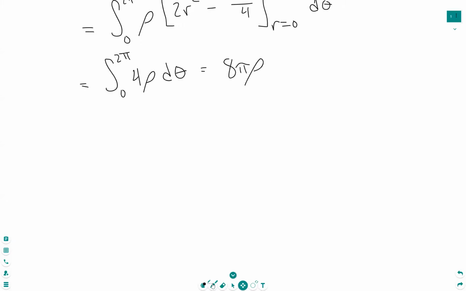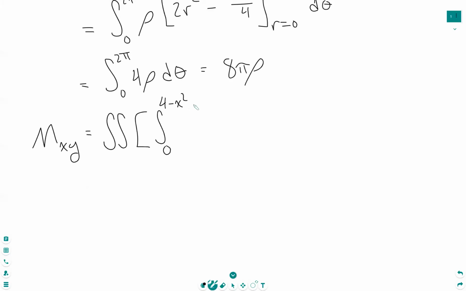So now we need to calculate our moment. Our moment across the xy plane, again, I'm going to write it as this double integral with this third integral inside, which was 0 to 4 minus x squared minus y squared. This time we have the integrand being z times rho dz. And then we have our area integral out here over the region R again.